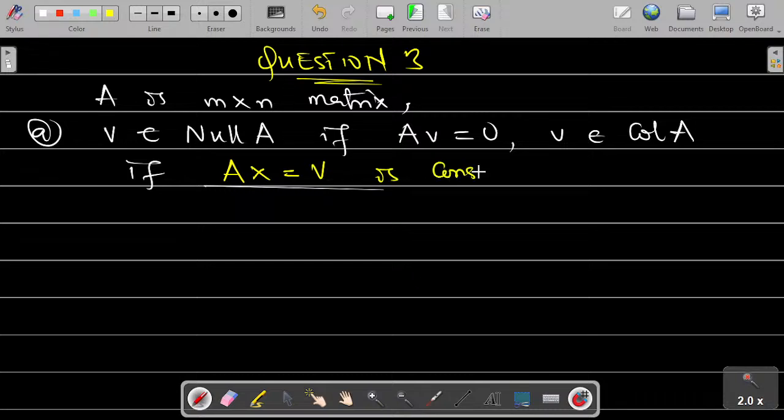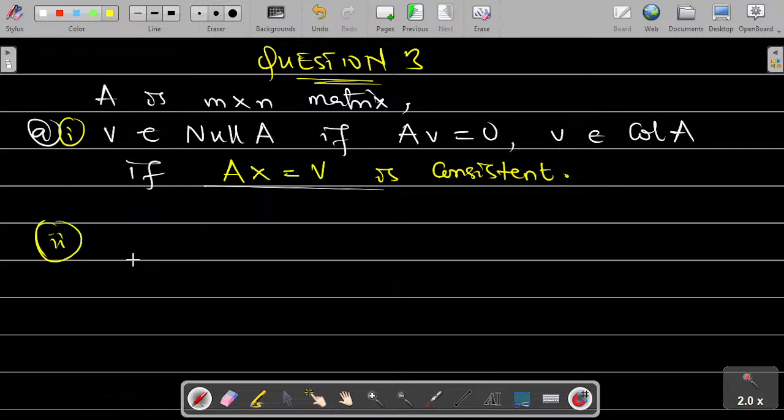Of course, you should be conversant with the meaning of consistency of a system of linear equations. For a system to be consistent, it means that the values for your x1, x2 up to xn exist. Okay, and that's the answer for that A. We go over to B. So, sorry, this is actually AI, so we are dealing with AII now.